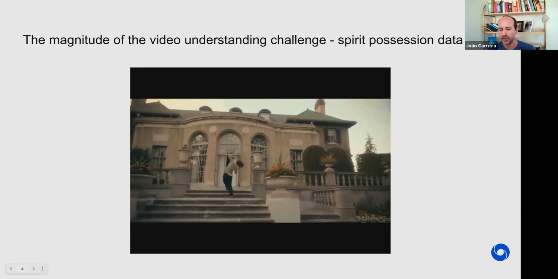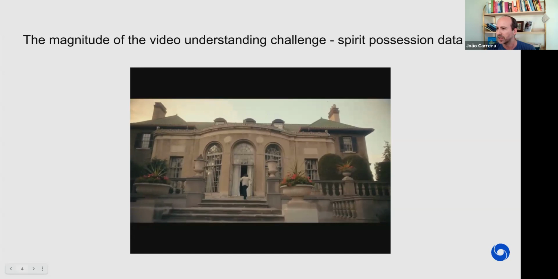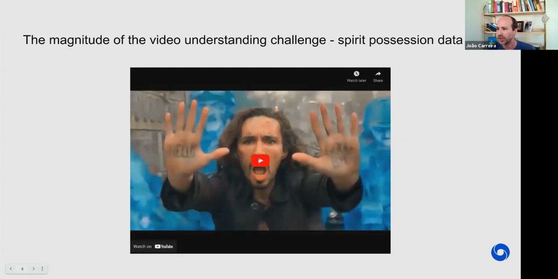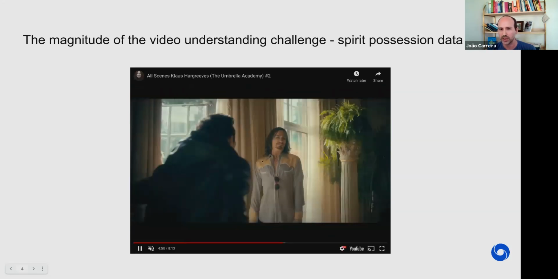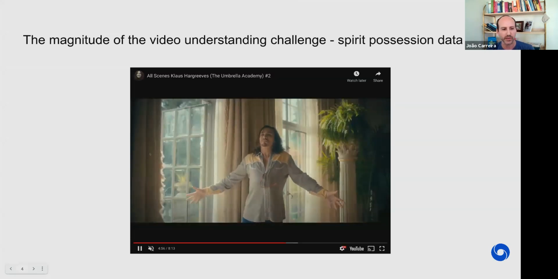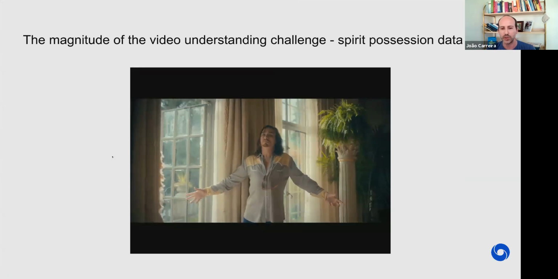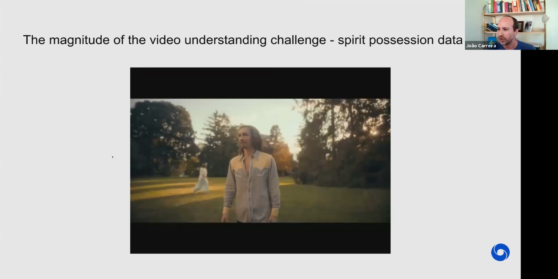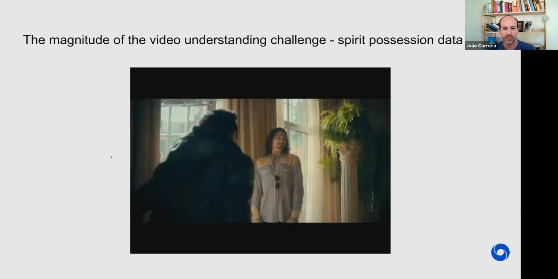So if you're trying to solve this challenge of understanding characters and the timeline of events, you need to understand that during this period where the character is possessed by the spirit, his actions don't define him. They must be attributed to the spirit. So this is fairly complex and very far from what we're doing right now in video understanding. Very, very far.